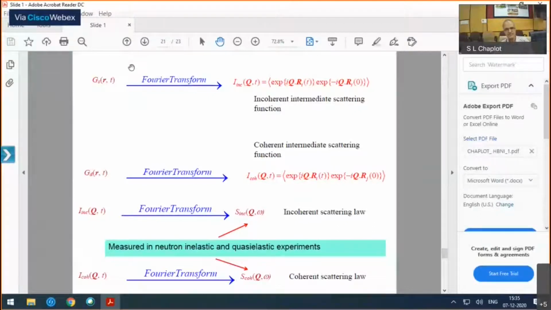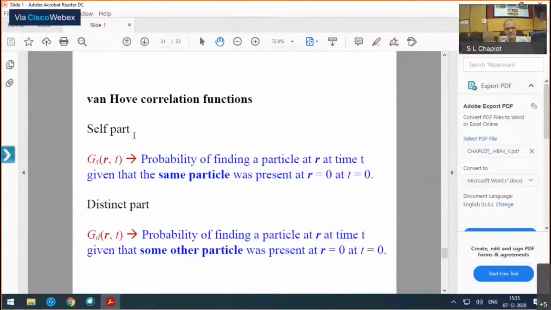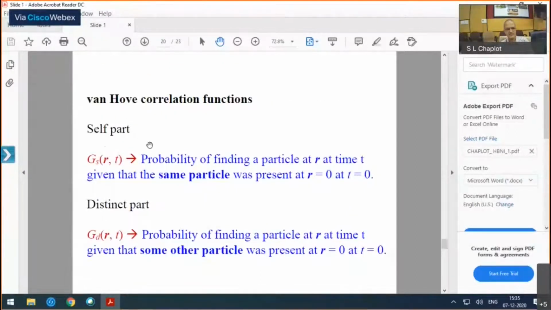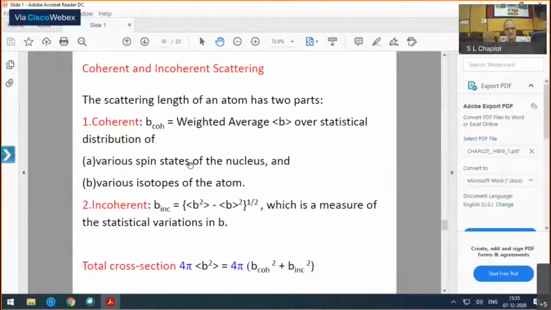I'm not sure whether you have really got it all right, but just to recall what we have done: you have two kinds of scattering, one which is capable of interference between the waves scattered by different atoms, and the other which is not capable of interference.